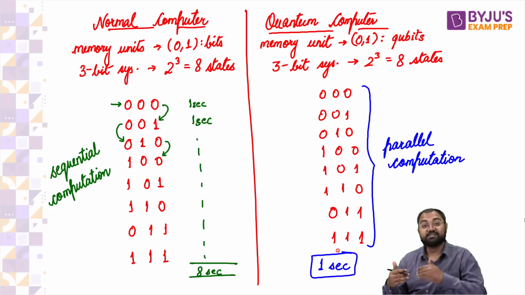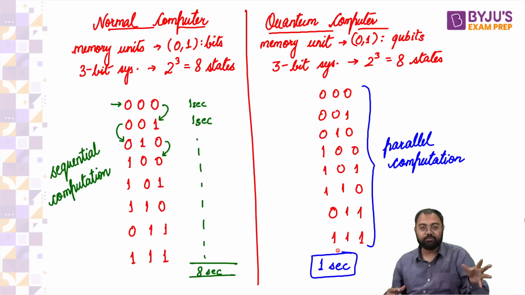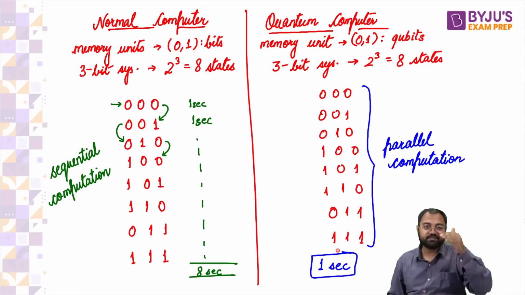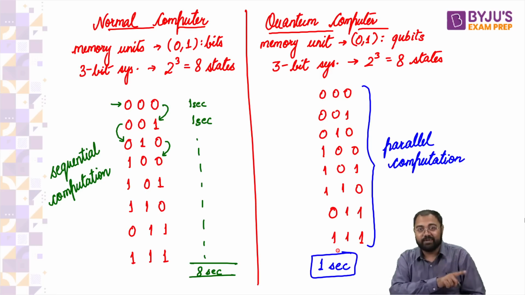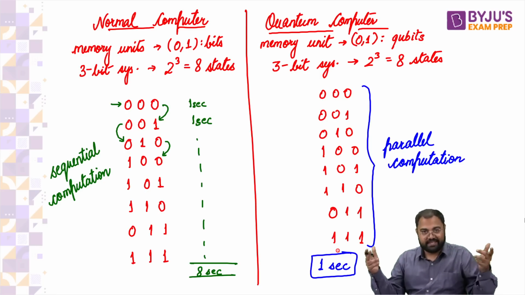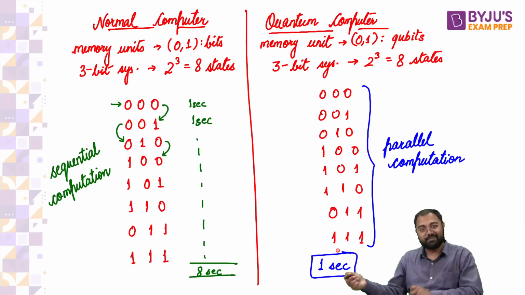Now even if you keep on increasing the number of bits, in case of a normal computer, it will keep taking more time, because ultimately it needs some time to get through every state. But in case of quantum computing, because of superposition and entanglement principles, all the properties of these qubits are connected, and they all can exist in multiple states at the same time.